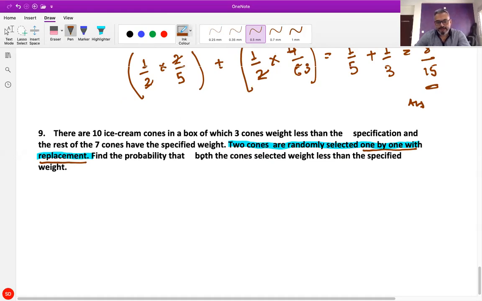Find the probability that both the cones selected weigh less than the specified weight.